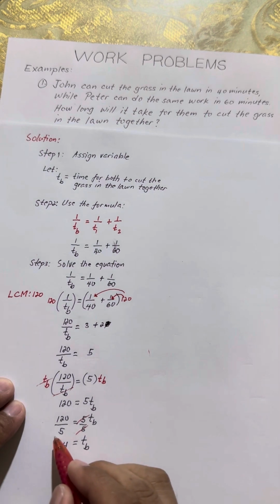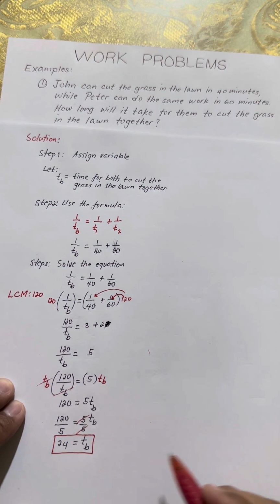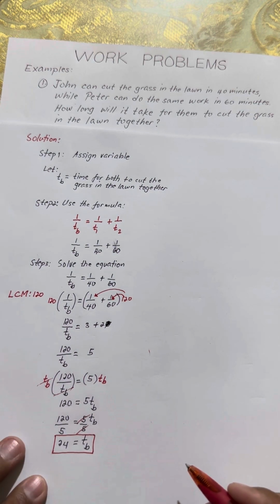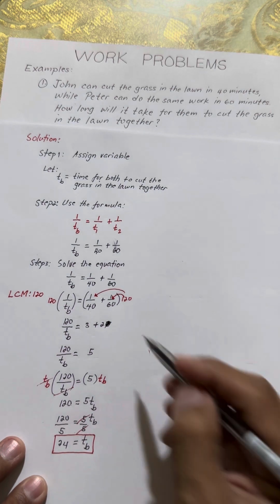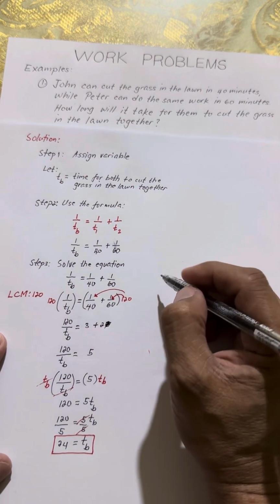So this is the time spent by John and Peter to cut the grass in the lawn together. That is 24 minutes. So to answer the question, how long will it take for them to cut the grass in the lawn together?